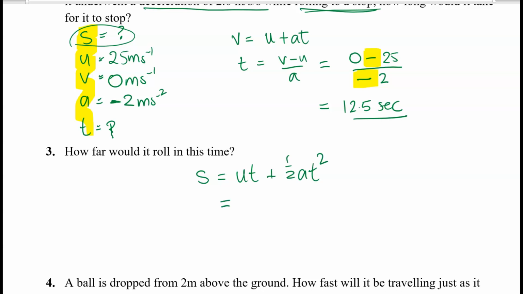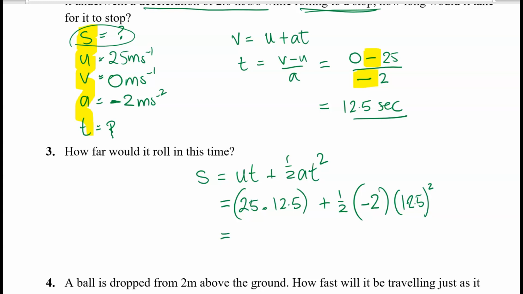Okay, need to be a little bit careful. Our initial velocity, it was going at 25, and our time for the motion was 12.5. Now, plus a half. Now the acceleration is negative. Be careful. -2 times 12.5 squared.